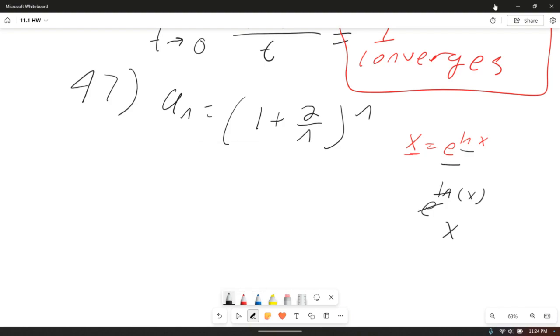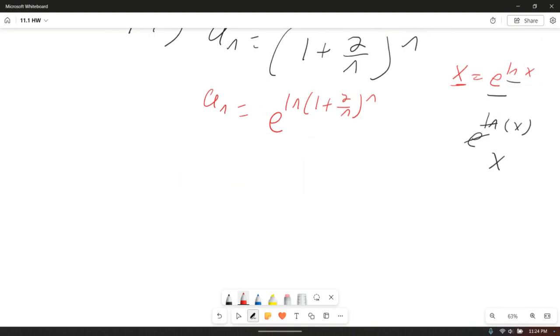So we can use that here and say that this equals e to the ln of (1 plus 2 over n) to the n. And then we can use a logarithm property that states ln of u to the r power equals r ln of u.